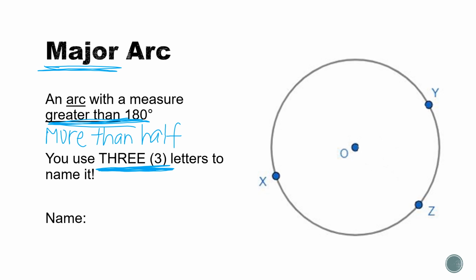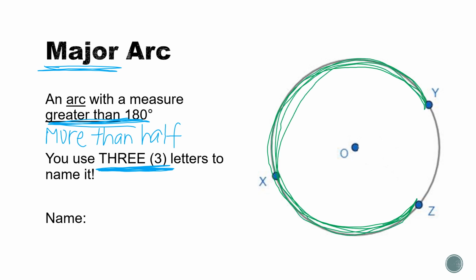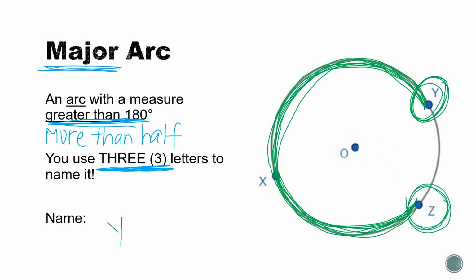So how do we do that? Let's look at an example. Let's say we are going to go like this around the circle. I'm going to make it drastic. This green portion of the edge of my circle is over halfway of my circle. So how you name this with 3 letters, you use your starting letter, Y, your end point, Z, and then any letter in between them along that path.